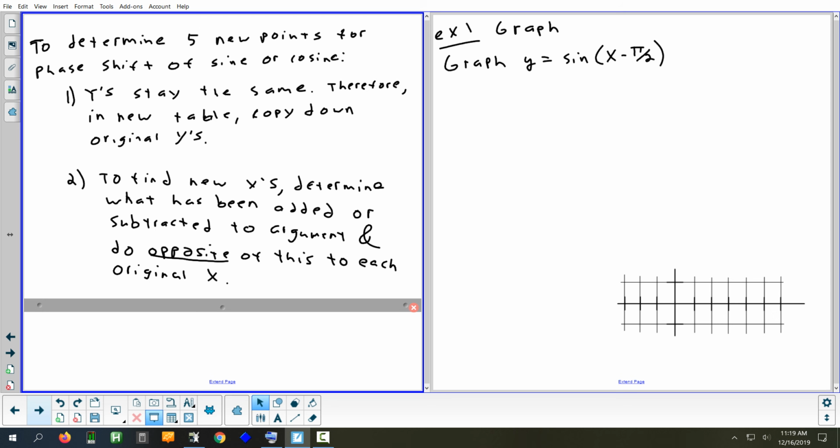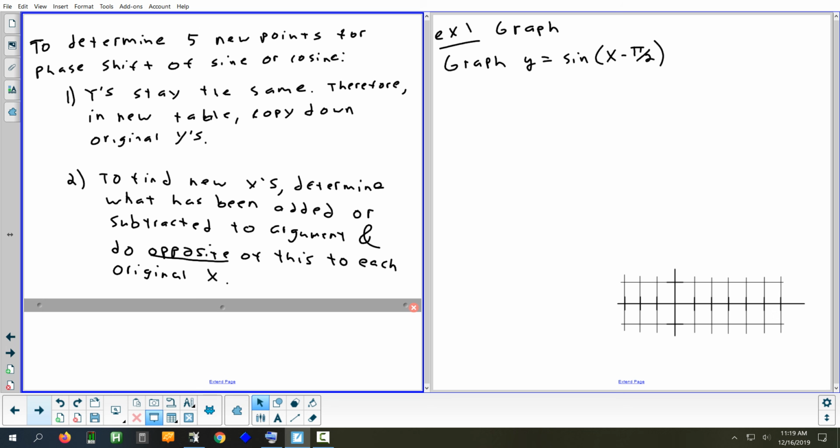Do you always do the opposite for a phase shift? Yes. Do you always do the opposite for every transformation we're going to study? No. But for a phase shift, you do. So look at what's been added or subtracted, and then do the opposite of that. And when I say original x's, I mean go back to the table I gave you in the notes.